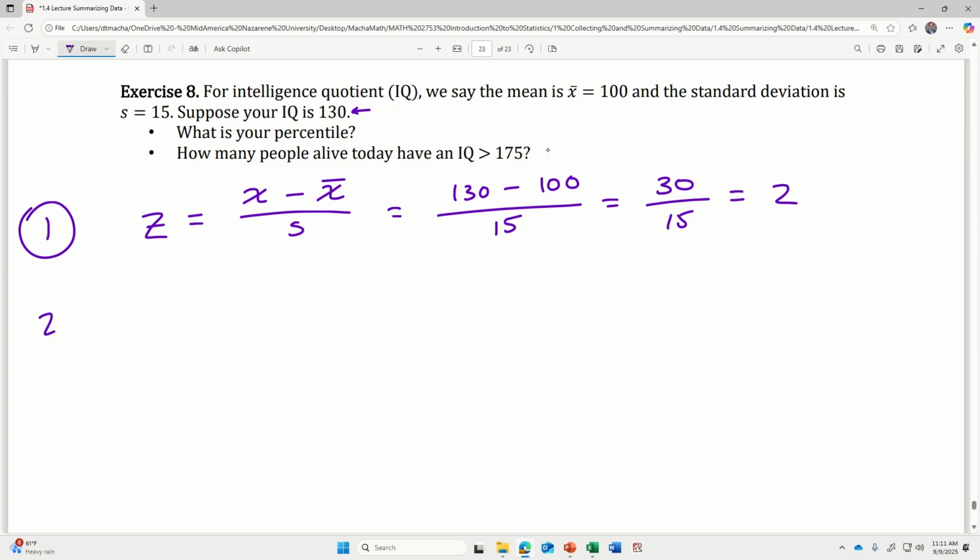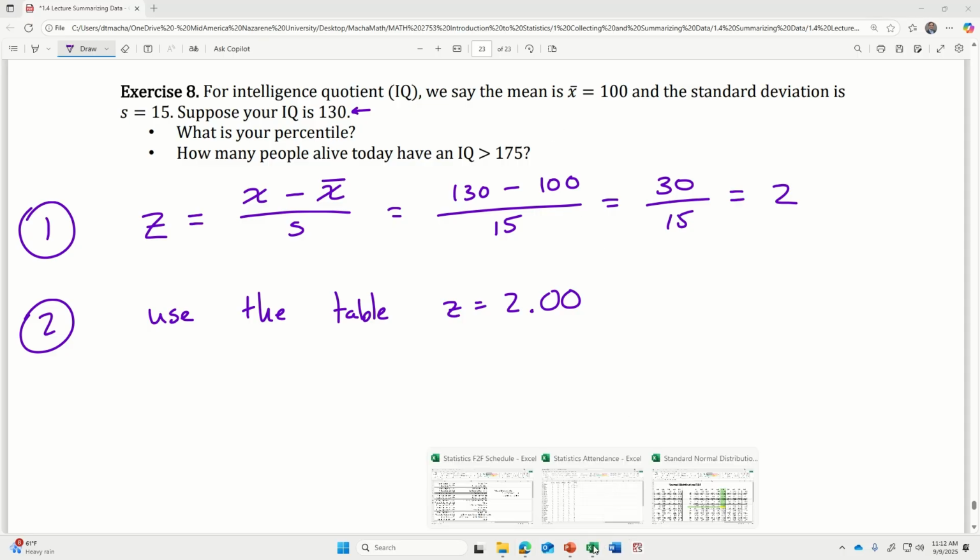And after I have my z-score, I can use the table. My z-score is 2, so it's just going to be 2.00, right? It's going to be pretty easy, I think, to look this up in the table for a z-score of 2.